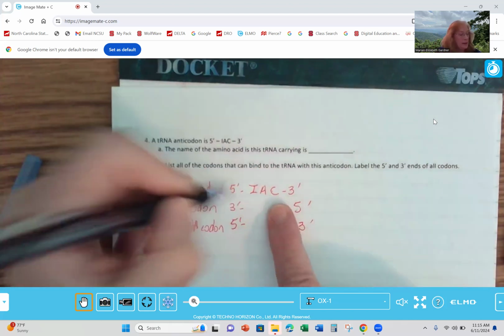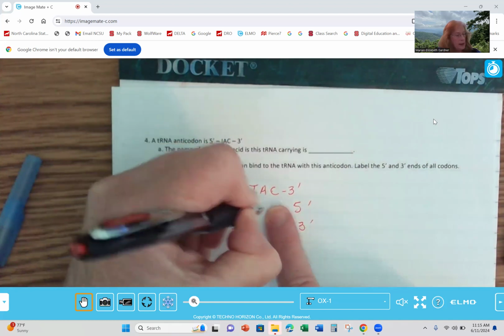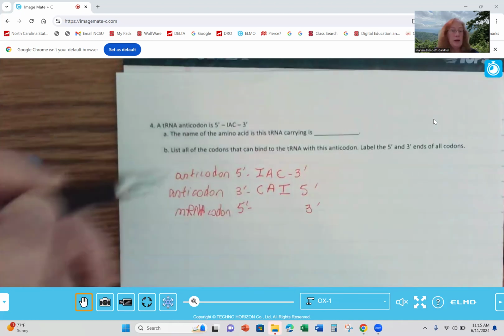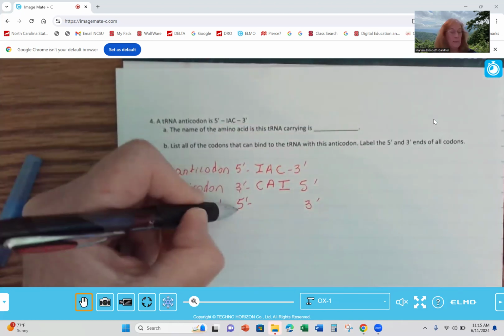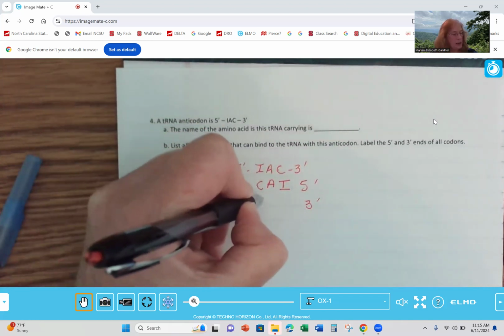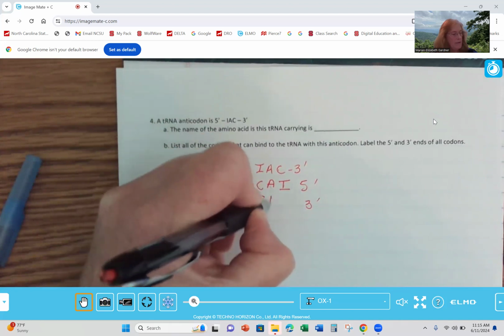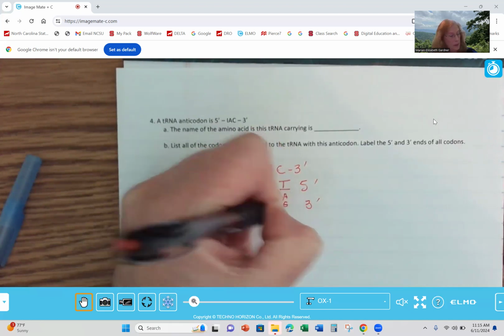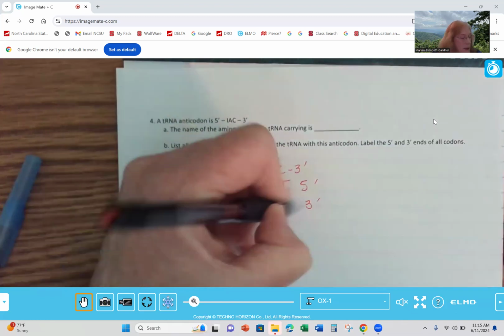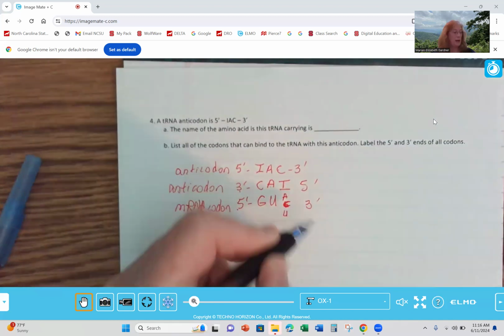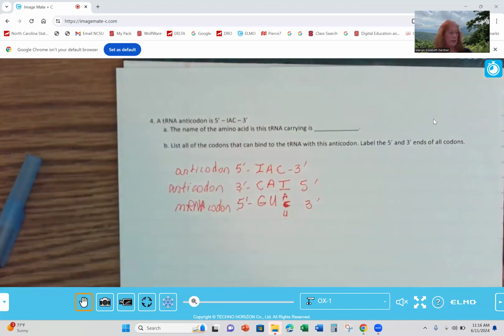So C is near the 3' end, A, I. The messenger RNA codon should be anti-parallel. That means the 5' ends here, and complementary. So across from C, I have G. Across from A, I have U. And then this would be either adenine, cytosine, or uracil, not guanine, because inosine does not bind to guanine. It binds to adenine, cytosine, or uracil.